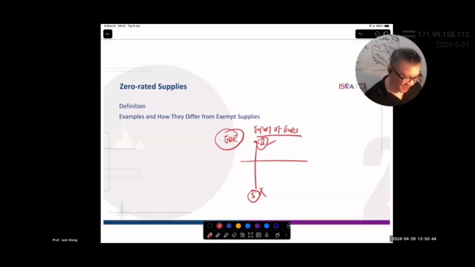That is what we call indirect export. Because you do not have control of the export arrangement, you have to be very careful to ensure that the goods are really exported, or to be exported, within a famous rule called 60 days from the time of supply. Because you have no control, how can you be sure that the goods are exported?